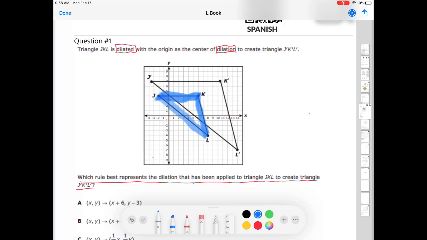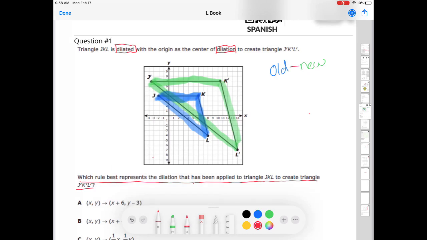So my old image is what is in blue. And now I'm going to highlight in green my new image. Dilations, of course, go from your old to your new image.